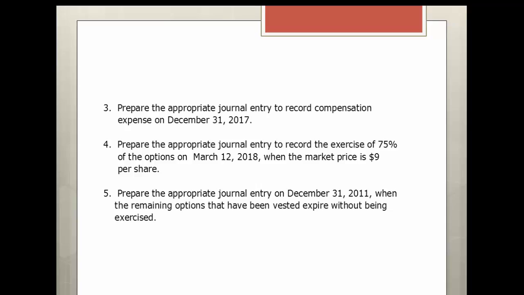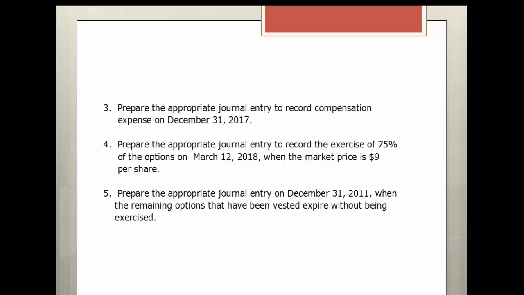Prepare an appropriate journal entry to record the exercise of 75% of the options on March 2nd, when the market price is $9 per share, and then prepare the appropriate journal entry on December 31st when the options that have been vested expire without being exercised. Okay, so this is what we're talking about here.